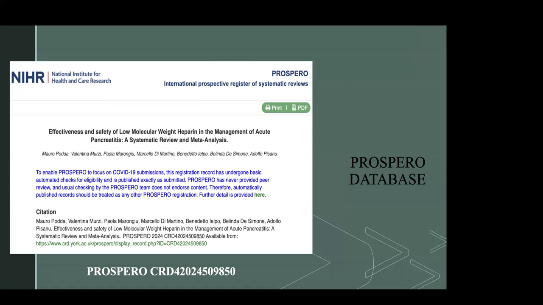PROSPERO is an internationally prospective register for systematic reviews, and its key features are to aid in prevention of duplication of reviews, allow registration of the systematic review, and provide transparency, improving the quality and the integrity. To register in the PROSPERO database, it requires a high level of publication and a high impact journal.